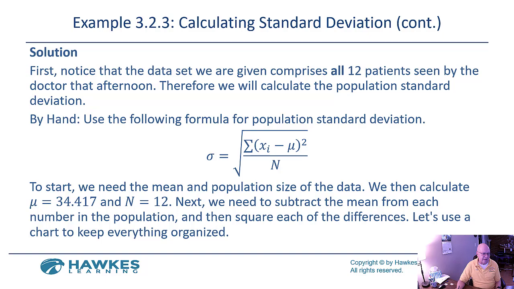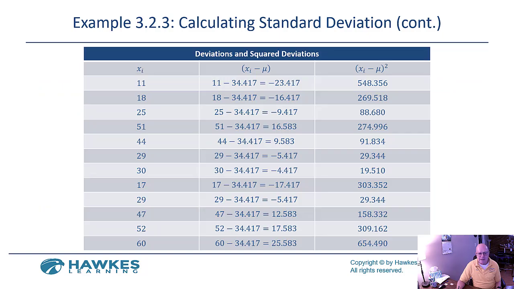And here we go. That's how you could do it. I'm not sure why you would ever want to do that. You can see how many calculations you have to do. Each one of those individual data items has the mean subtracted from it. That gives you this. And then you square this to get that item.